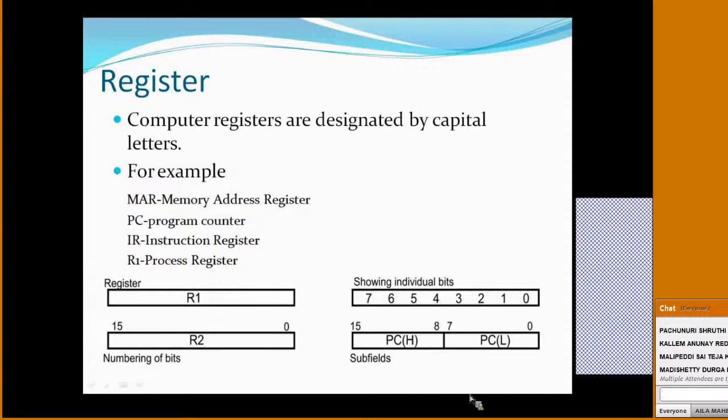And when you are representing registers diagrammatically, you can also specify the size of a register, and the size is always specified from the RHS side of the rectangular box to the LHS side of the rectangular box.